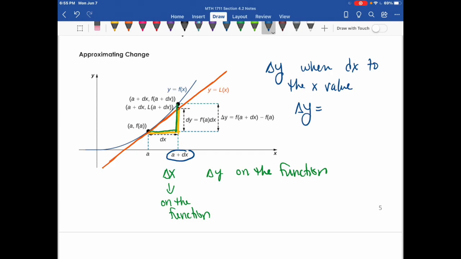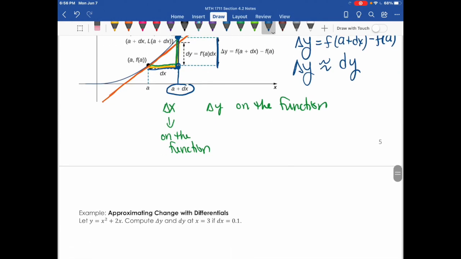If you move over from a to a plus dx, so you're adding on that small change to a, and then you evaluate the function at a plus dx, that'll give you the height or the value of y at a plus dx, and then if you subtract the value of the function at a, which is right here, you'll get that change in y. So the change in y is going to be the value of the function at a plus dx, and then you subtract f of a, and that will give you the change of y. And that should be really close to your dy.